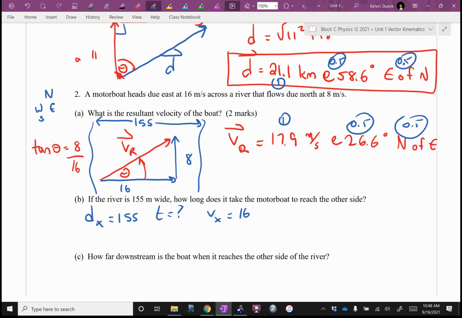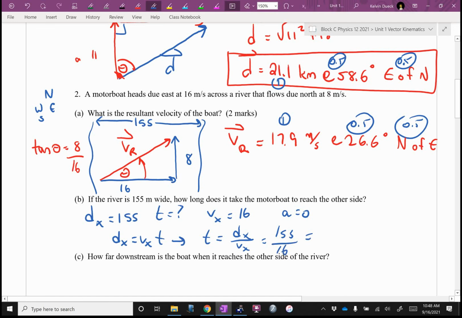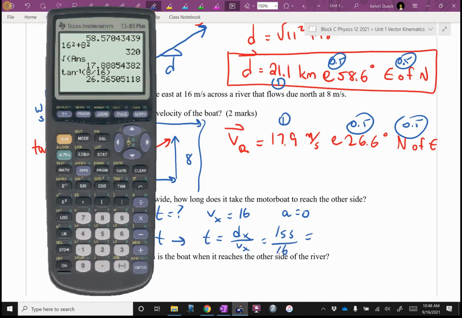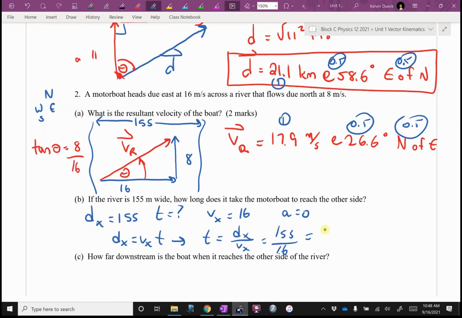What's that mean? Yeah, 0. So I can use dx equals vx t. t is going to be dx divided by vx. It's going to be 155 divided by 16. I have no idea what the answer is. Just under 10, I think. 9 point something. 9.69 seconds.